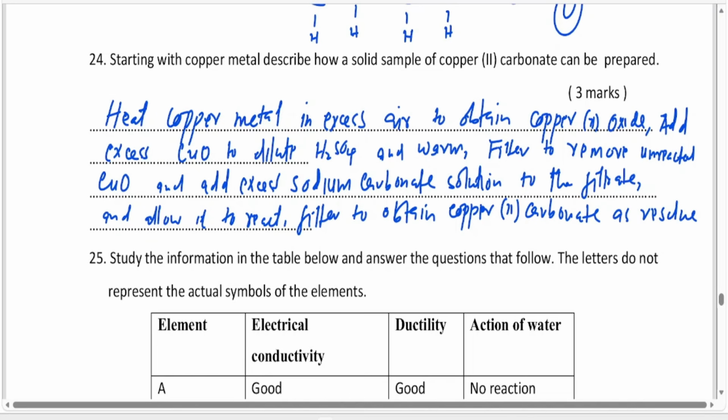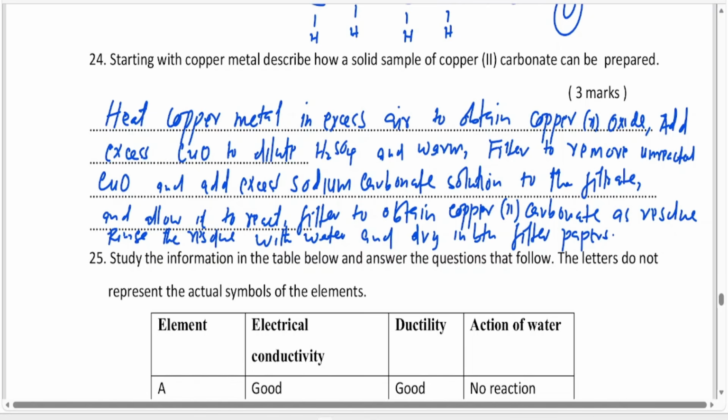Then after obtaining the residue, rinse the residue with water and dry in between filter papers. So that is how you are supposed to write for method 2.